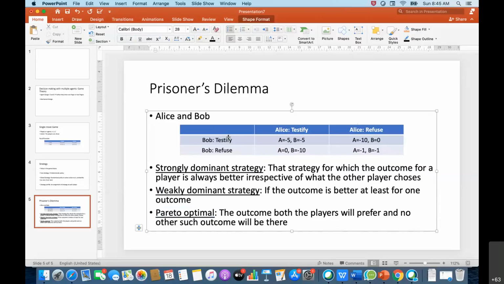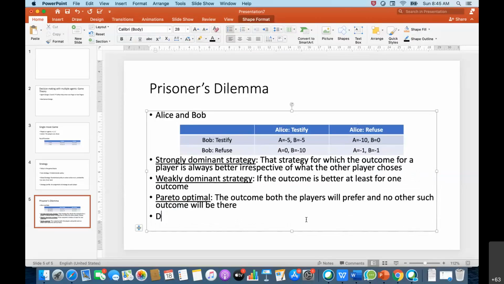If such a game is there in which for both the players there exists the same dominant strategy, then that situation is called dominant strategy equilibrium.